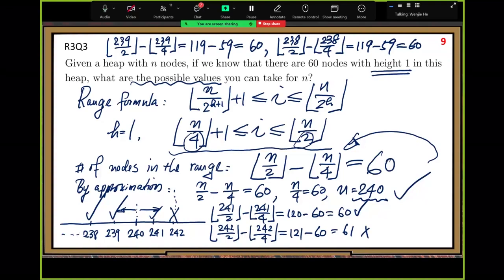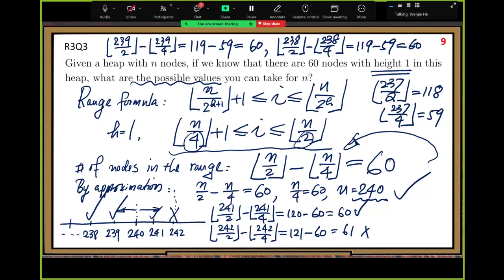You can test 237, but you will not get 60, because 237 over 2 gives 118, but 237 over 4 still gives 59.